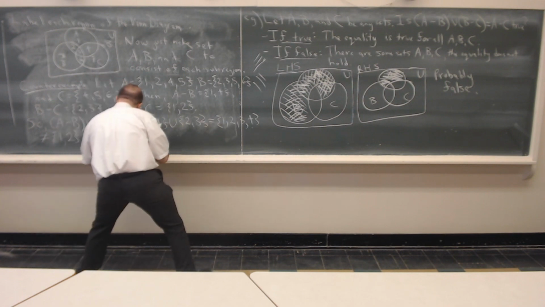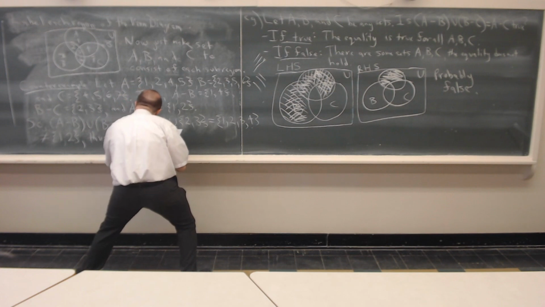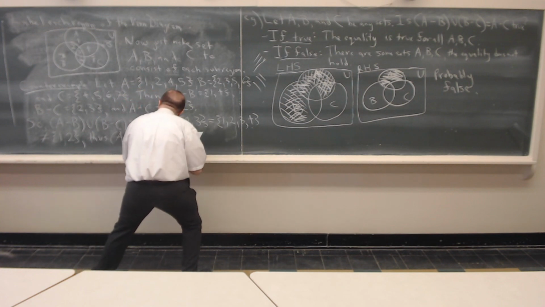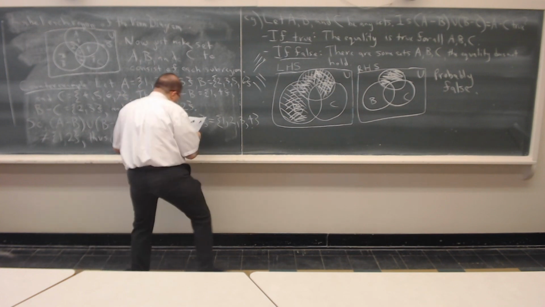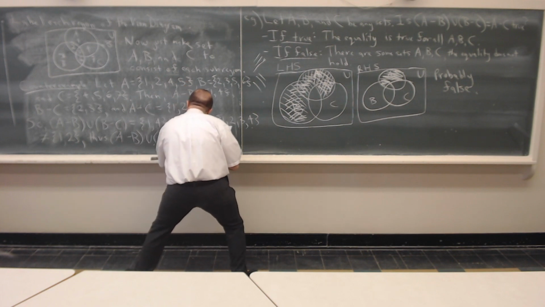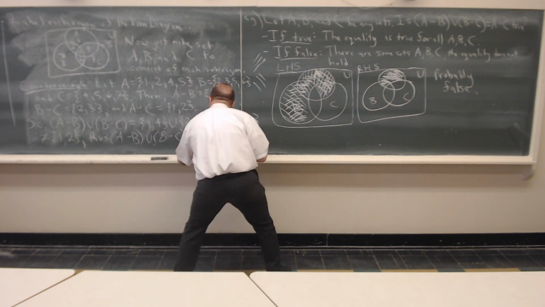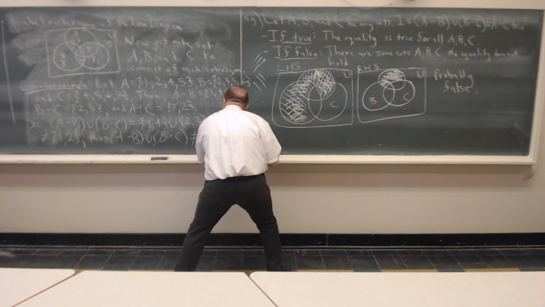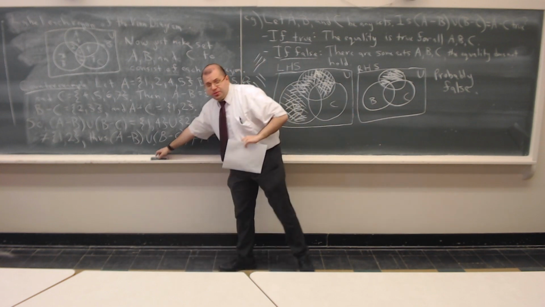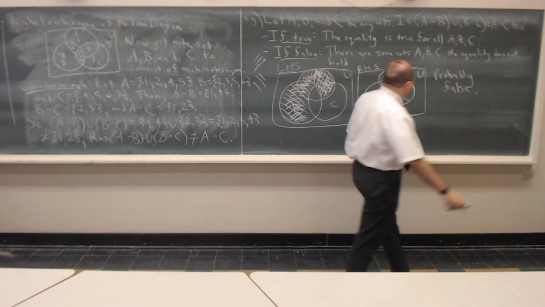Thus, A minus B union B minus C is not equal to A minus C. And I've done my counterexample, so I verified that indeed it works.